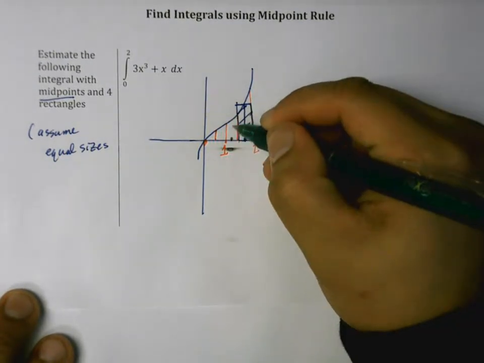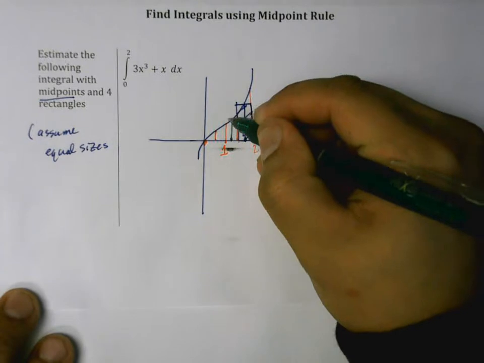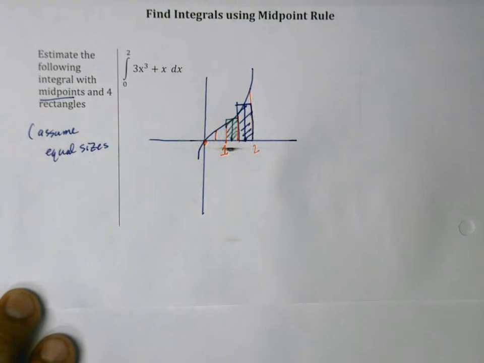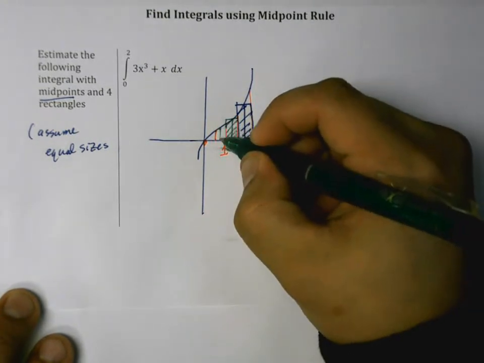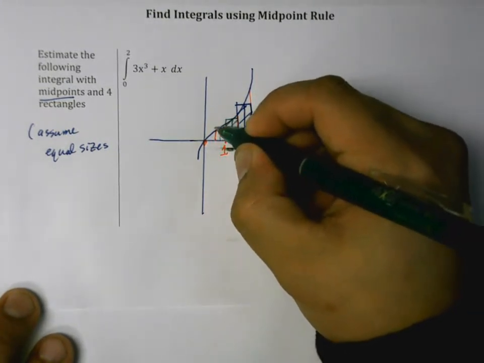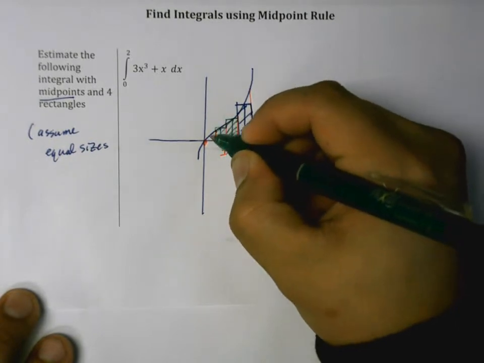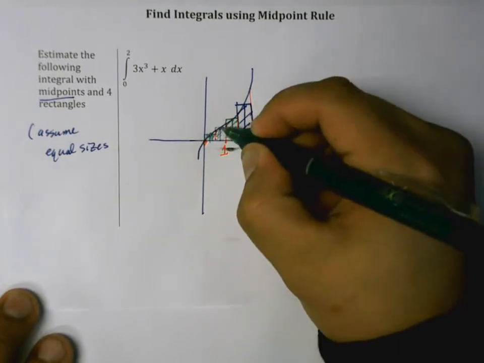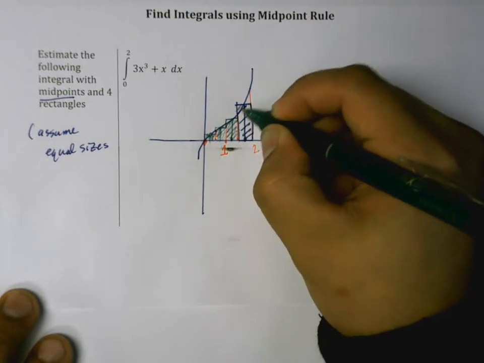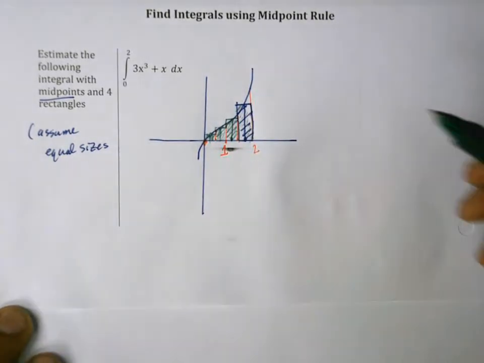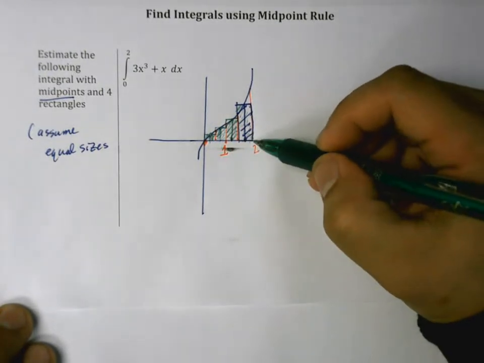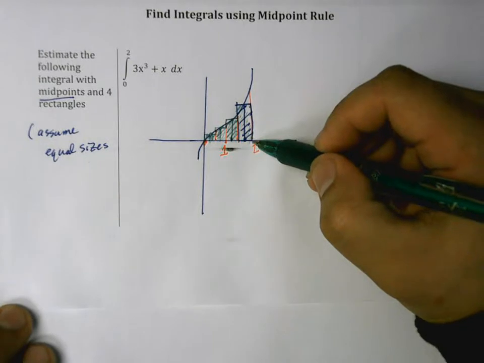Here's the midpoint. So some of this is going to overestimate, and some of these will underestimate. These green rectangles here are the sizes, and the heights of the rectangles are calculated using the midpoints of the existing rectangles.